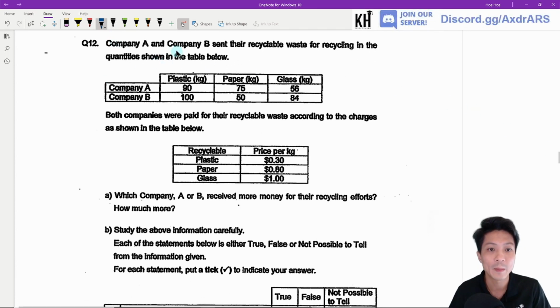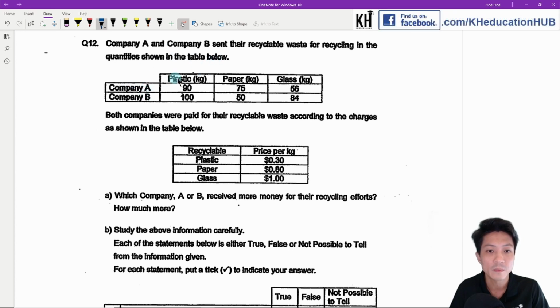Question 12. Company A and B send their recyclable waste for recycling in the quantities shown in the table below. So company A and B, there's plastic, paper, and glass. Both companies were paid for their recyclable waste according to the charges as shown in the table below. Recyclable for the plastic, paper, and glass.